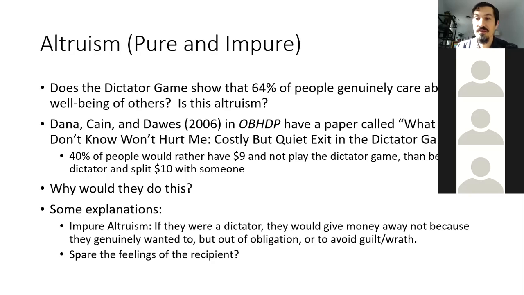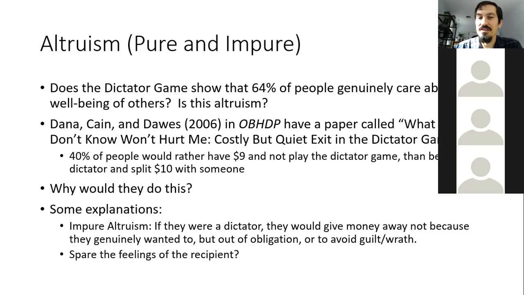To spare the feelings of the recipient. We could always make that argument too. I actually don't want you to feel sad that I am keeping more than half the money, so I'll just take it away. That's not a great explanation for everything though, because think about it. You could split the money half and half if you want. If you want to be a perfectly altruistic person and a perfectly fair person, you could split the money.